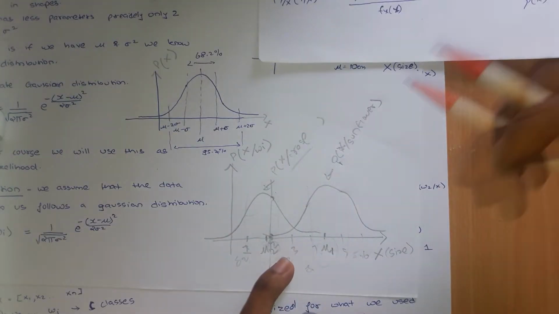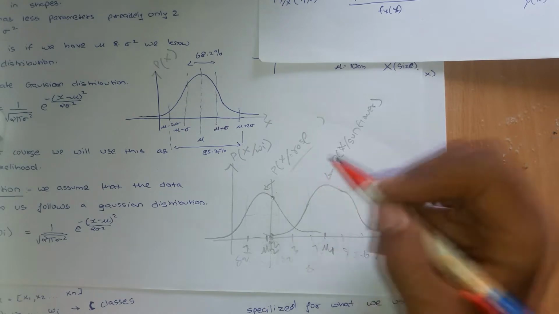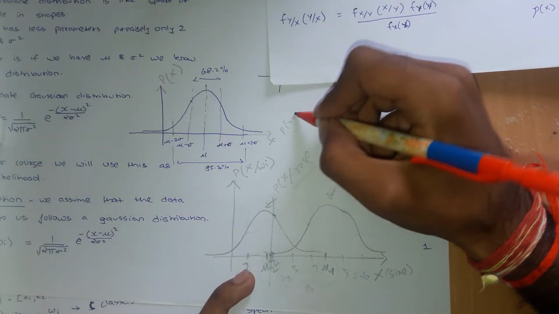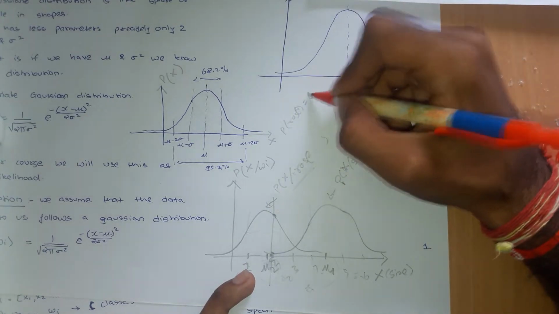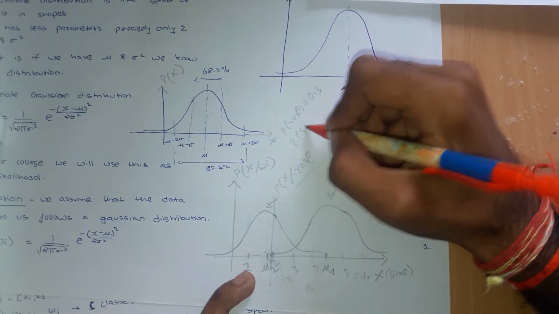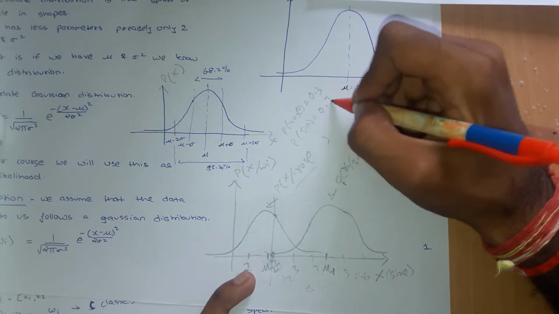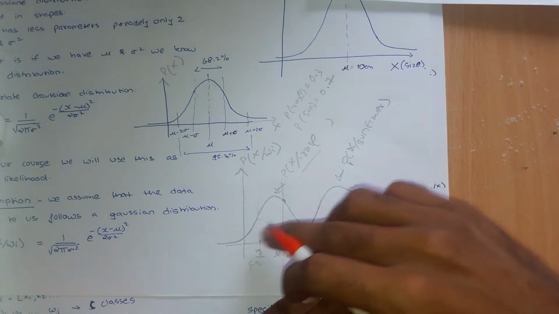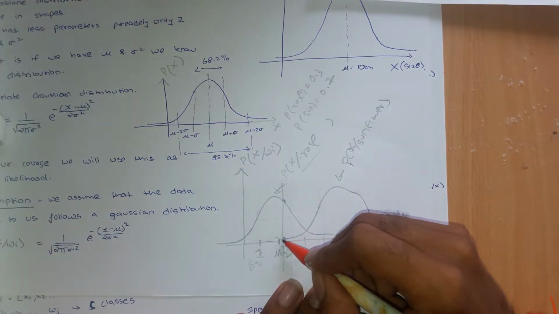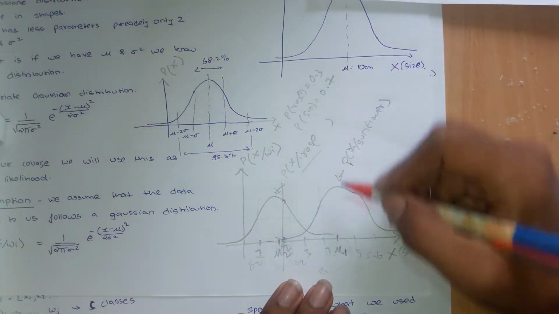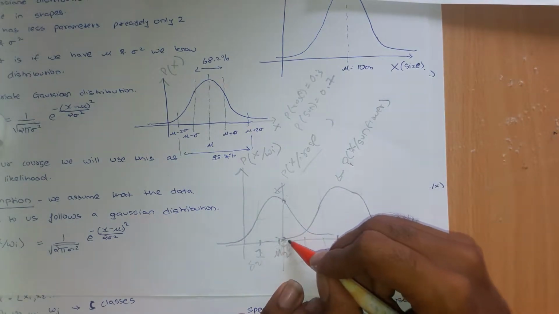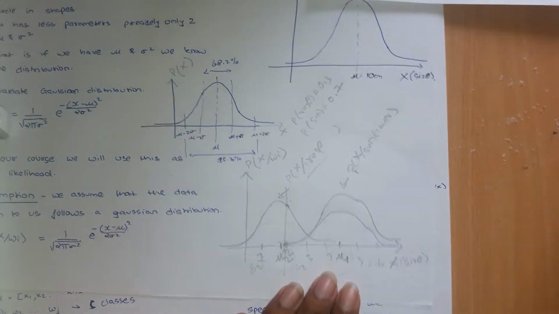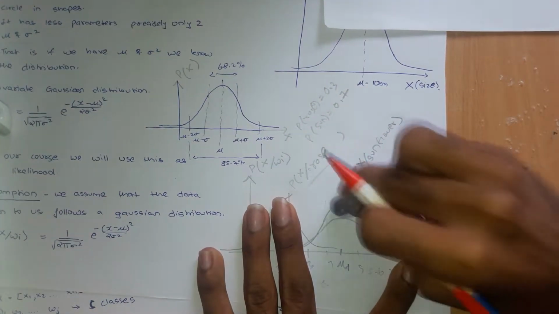So say the prior for roses is 0.3, and the prior for sunflowers is 0.7. Then these priors will weight the likelihood. This 0.7 will get multiplied by this, so this will get a little smaller.